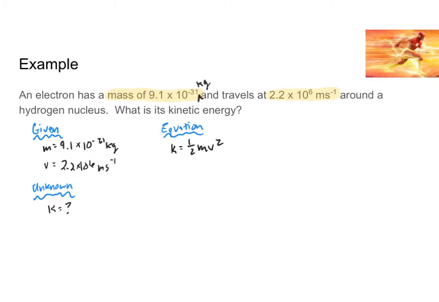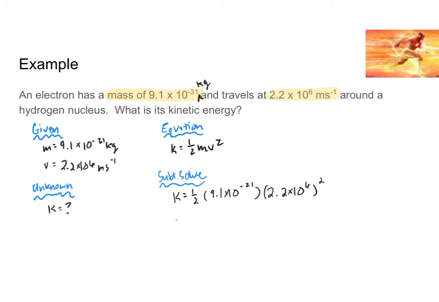And I can go ahead and now substitute and solve in my numbers since K is already by itself. So I know that K is equal to 1/2 times m, or 9.1 times 10 to the negative 31st, times v squared, so 2.2 times 10 to the 6th squared.